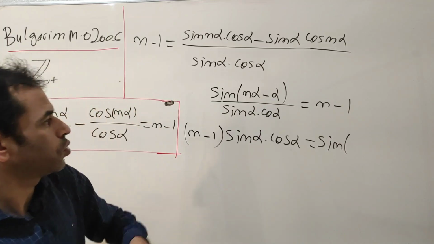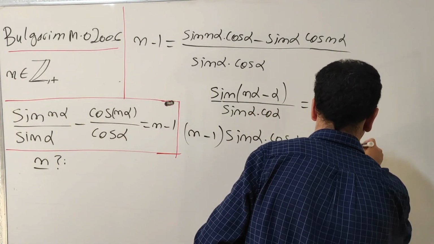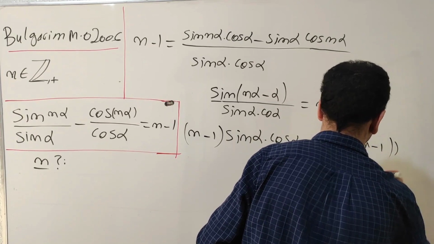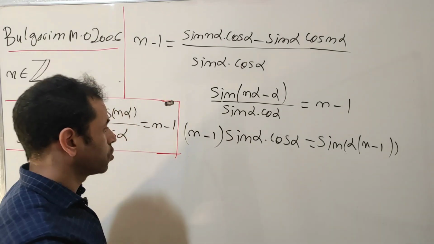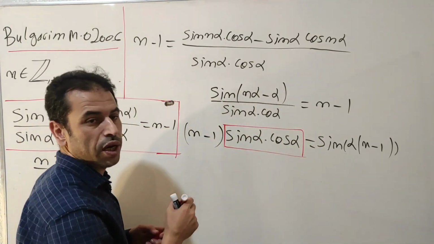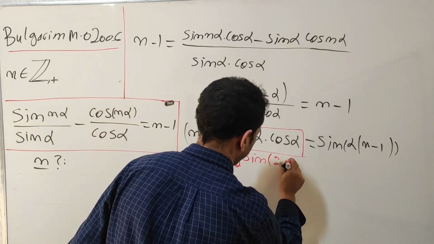I'm going to take alpha as a common factor, so I get alpha times n minus 1. If you take a look at this term here, it is exactly half of sine of 2 alpha.